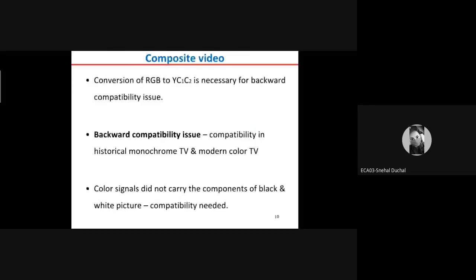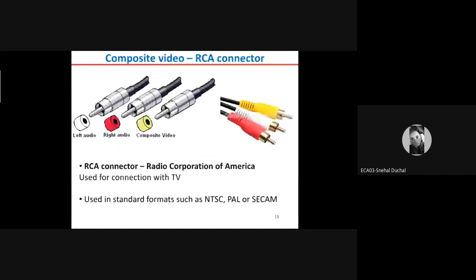Again, how can we display the video on a TV monitor? We can use different types of connectors. As you must have seen on a TV, there are three color wires. One is red, another is white, and another is yellow. Have you observed these three wires?